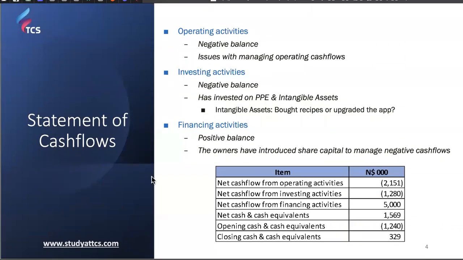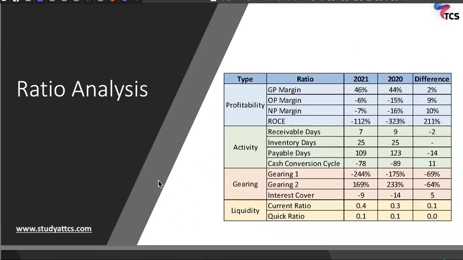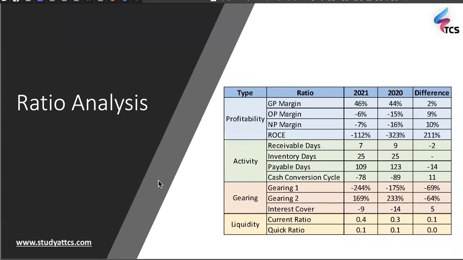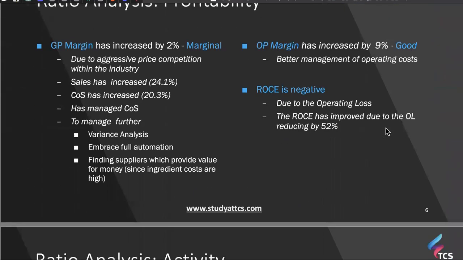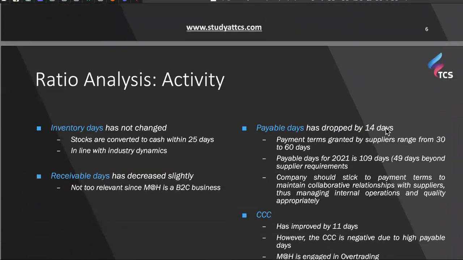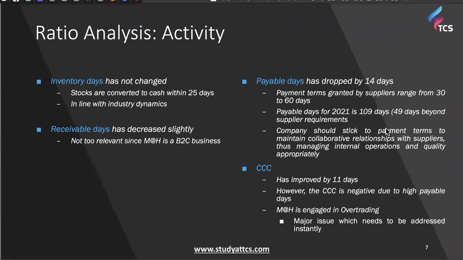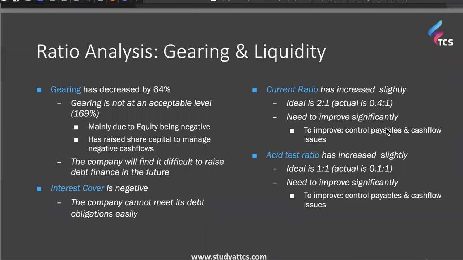On top of that, all the other relevant financial statements will be dissected and explained in an understandable and concise manner. We have already conducted a ratio analysis based on this company. By looking at these numbers, you are in a position to figure out the nitty-gritties pertaining to the financial performance of the company.